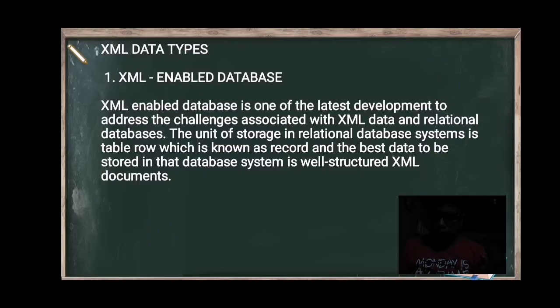The unit of storage in a relational database system is the table row, which is known as a record, and the best data to be stored in that database system is well structured documents. So this is the meaning of XML enabled database.